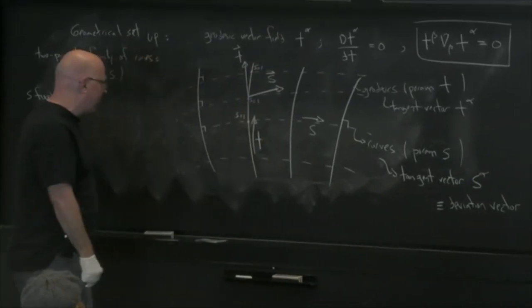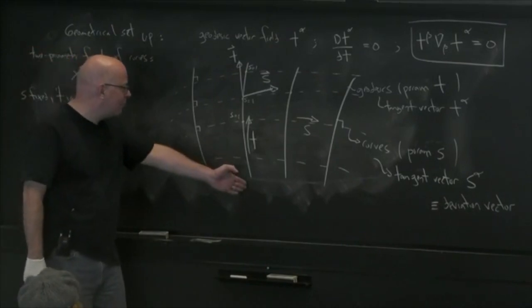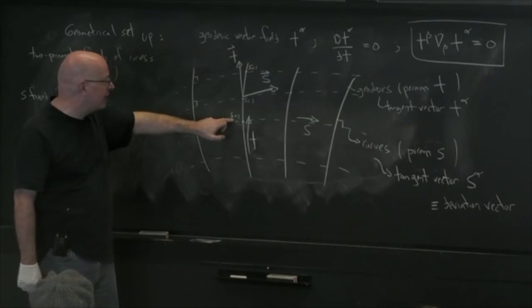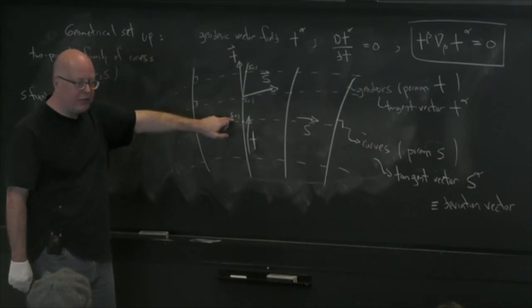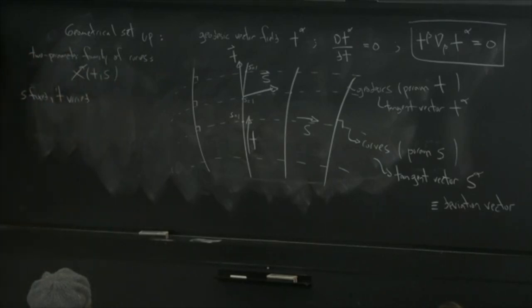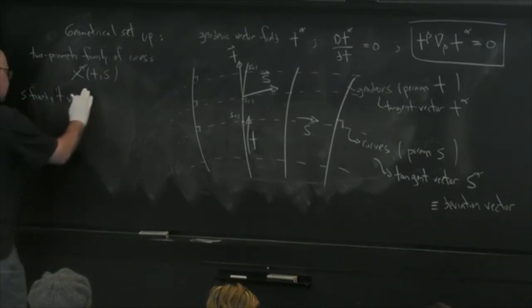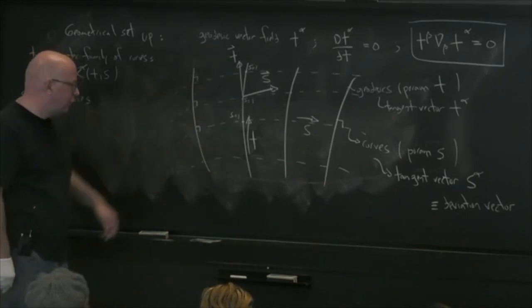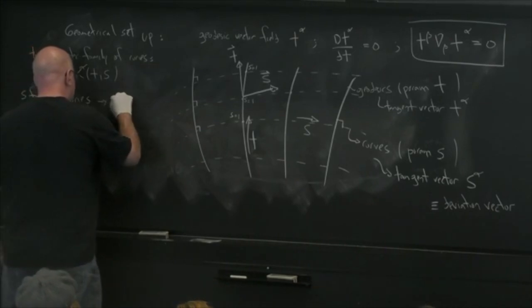So I want to set up my parameterization in such a way that as I move on a given geodesic, the parameter value of s is going to be fixed. That allows me to say that if I move at fixed s, but I let t vary, then I'm moving along a geodesic. So that defines my network of geodesics.